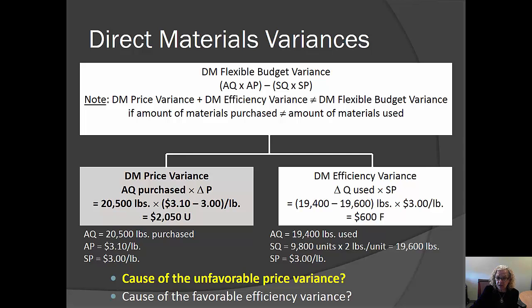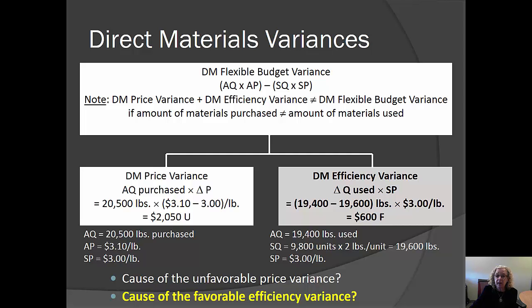This is also suggested by the fact that we have a favorable efficiency variance. We used less materials than we expected. So it is possible that these two variances are related. On the other hand, maybe that wasn't such a good idea because it cost us a lot more to pay for higher priced materials than we saved by using less materials.